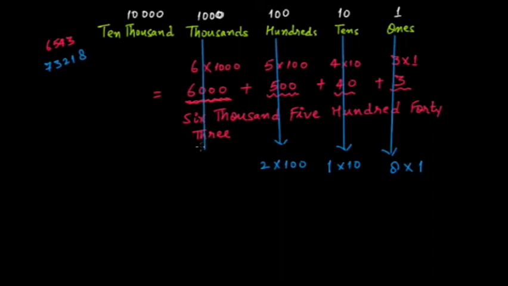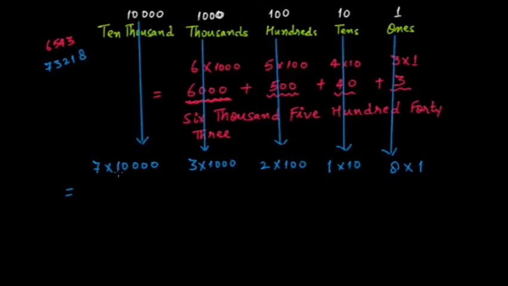At the thousands place will be 3 multiplied by its value. At the 10,000 place will be 7 multiplied by its value, that is 10,000, which is equal to 7 into 10,000 is 70,000.